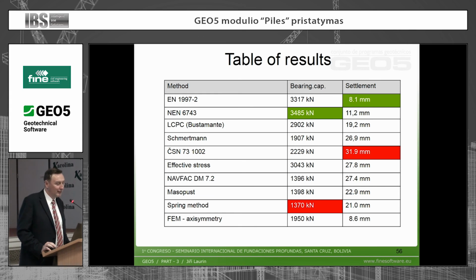I wanted to show you that sometimes when it looks nice and easy and friendly, the reality may be different. And I would say that no one can tell you which of these results is correct and which not. The prediction is somewhere between them.